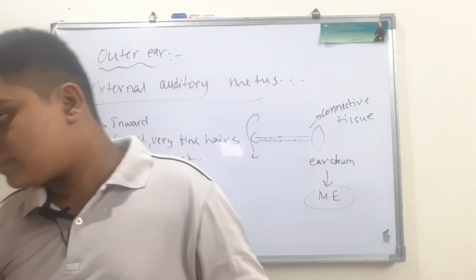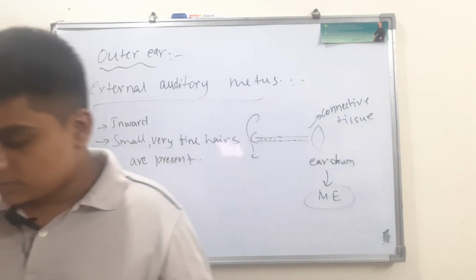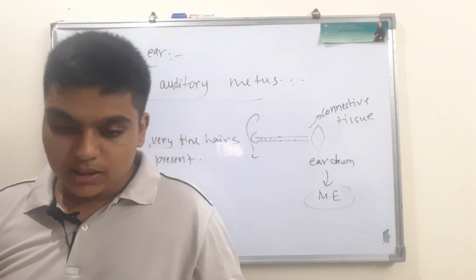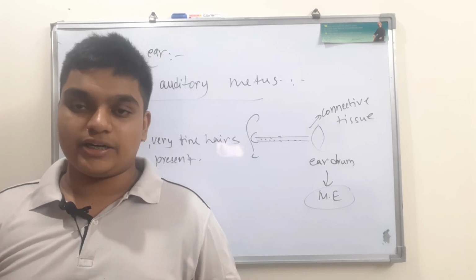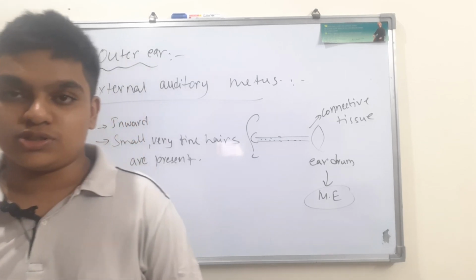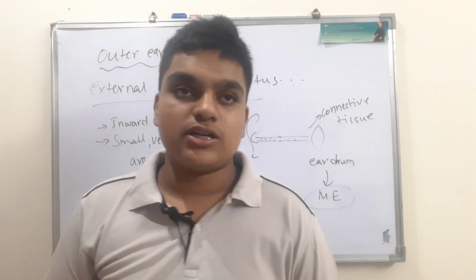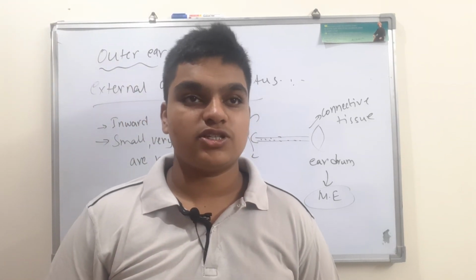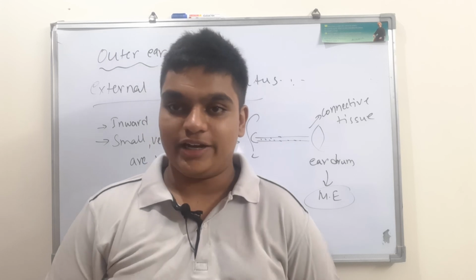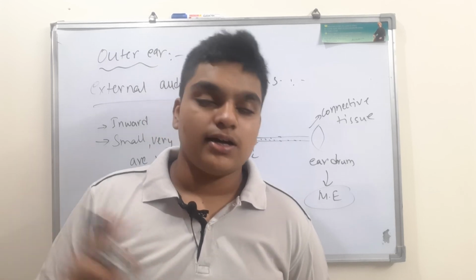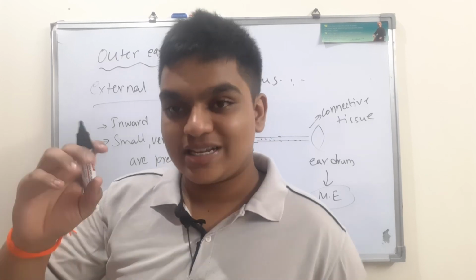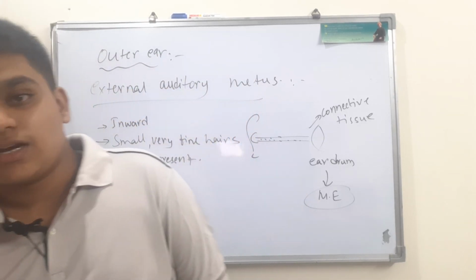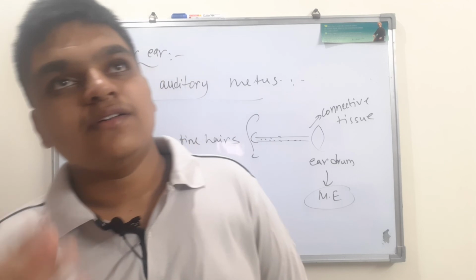You can also say they help in maintaining the sound quality. This one and the bones, ear ossicles. Ear ossicles increase the frequency of the sound, maintaining the sound quality. This ear hair and wax, we call that mucus ear wax, help in filtration.